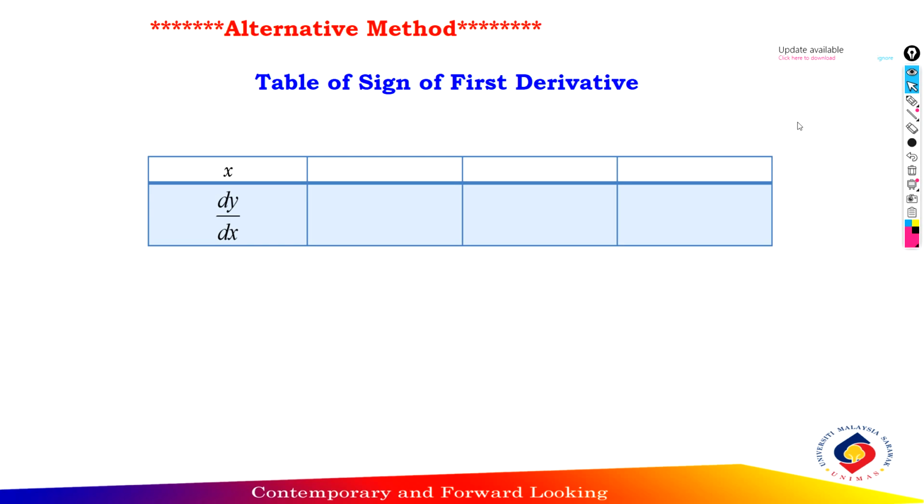Okay, and you draw the table of the first derivative. In the first row you put the value of x, and in the second row the first derivative.